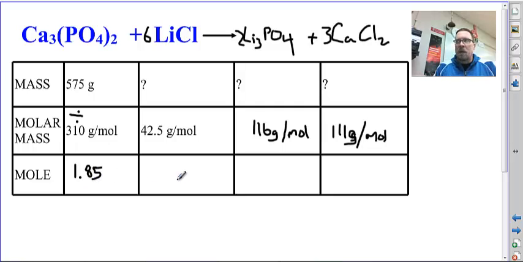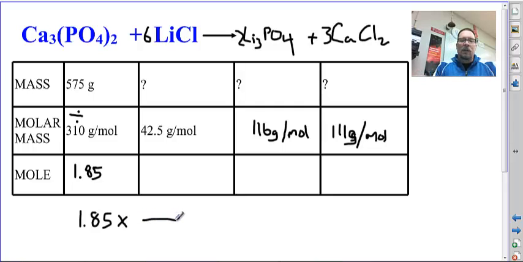So what's the corresponding number that would be there? In math, when they talk ratios, what we're saying is 1 is to 6 as 1.85 is to x. So I'm going to take my known 1.85 moles of calcium phosphate and multiply that by a fraction called the mole fraction, mole ratio, mole whatever.